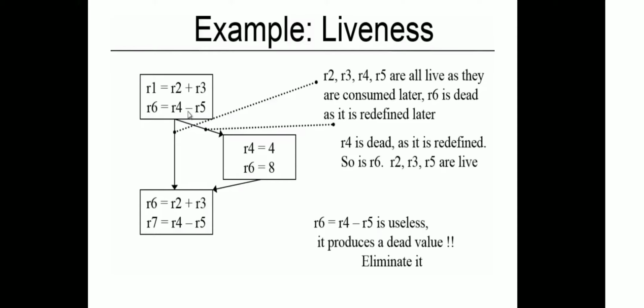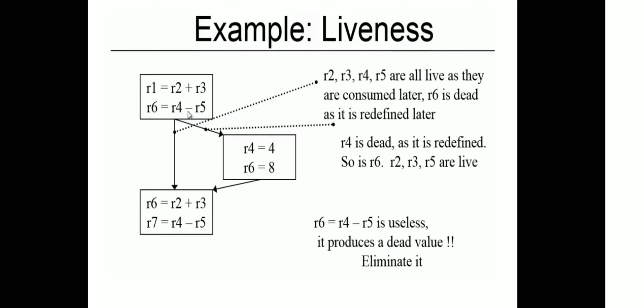So here 3 basic blocks are given. R2, R3, R4, R5 are live as they are consumed later. R6 is dead as it is redefined later. Okay, now here the value of R1 equals R2 plus R3 and R6 equals R4 minus R5. Okay, now R4 equals 4 and R6 equals 8.